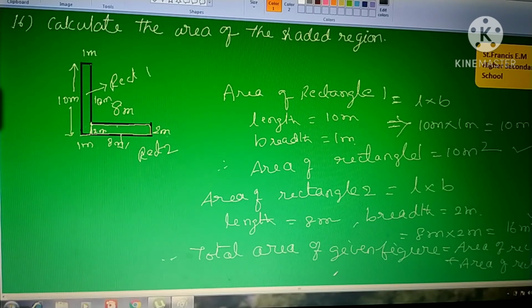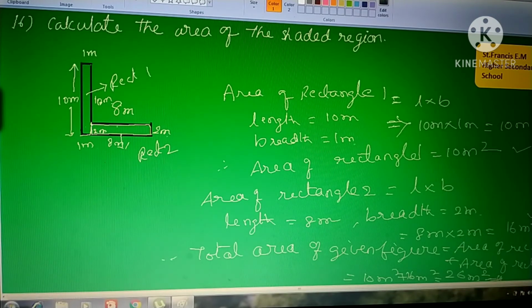Now substitute these values. So 10 meters square plus 16 meters square. Now you got 26 meters square. This is your answer. Okay. This is your answer here.